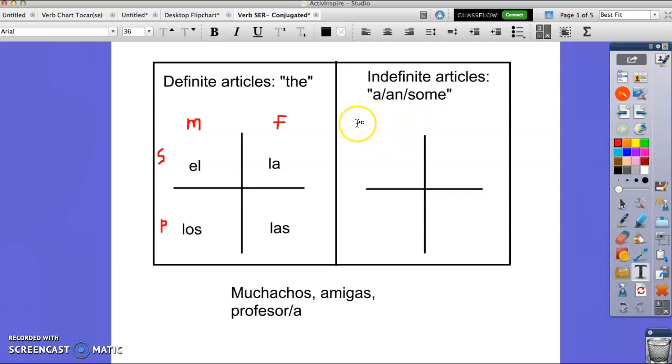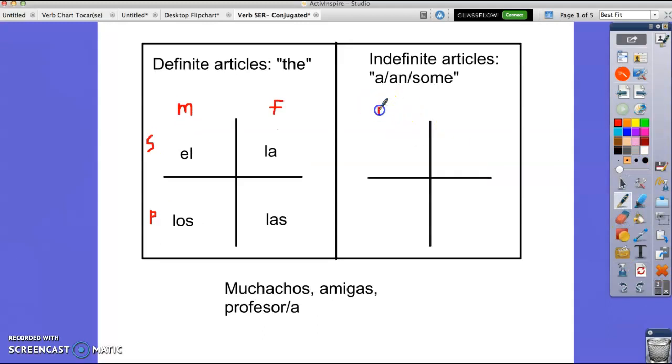Okay, we wouldn't necessarily say, hey, why don't you invite the friends? That sounds a little weird. So in Spanish, they also have indefinite articles. And the same thing happens over here. We have a masculine form and a feminine form. And then we also have singular forms and we have plural forms, okay?